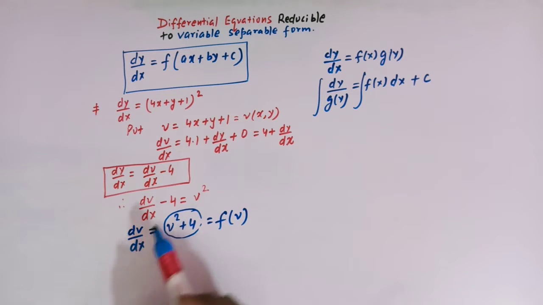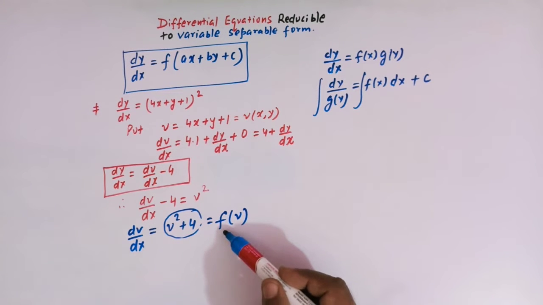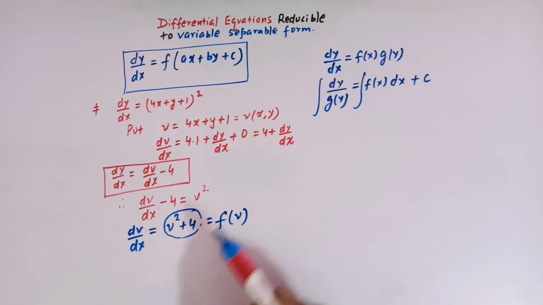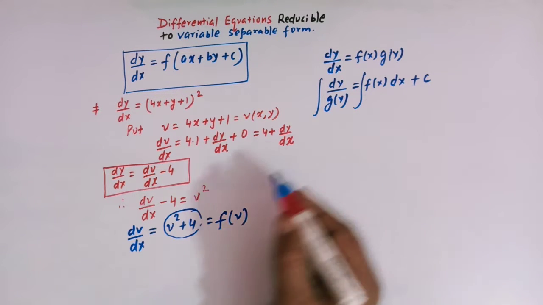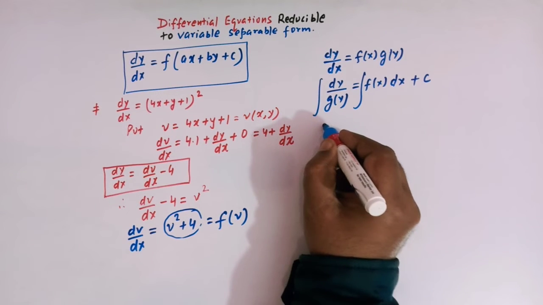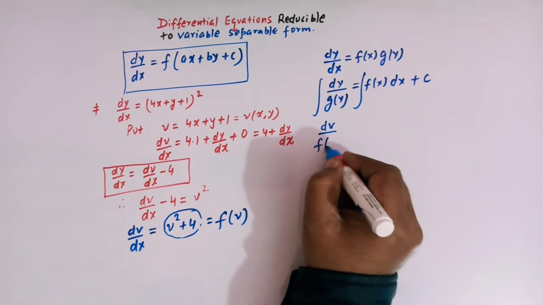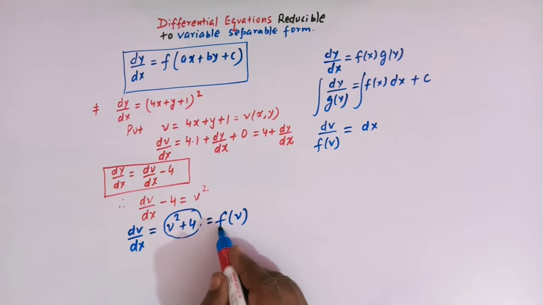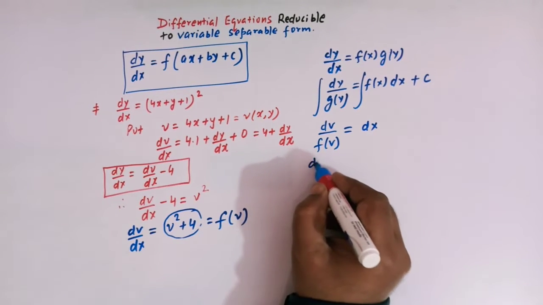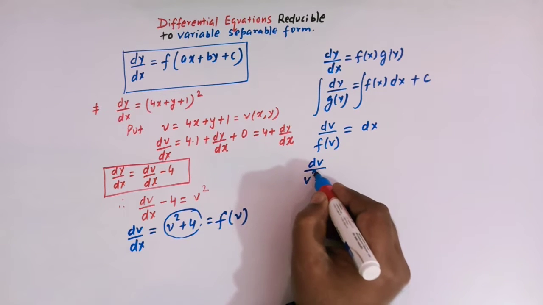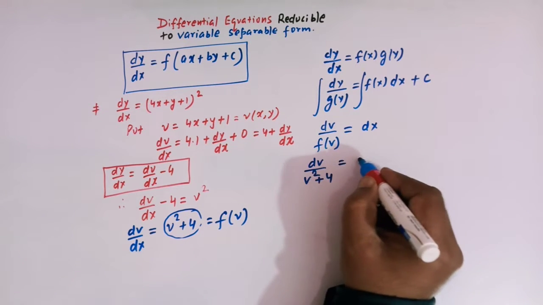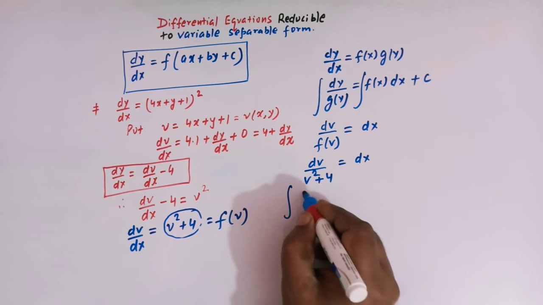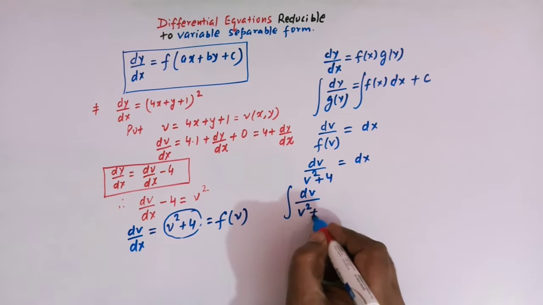Now this equation is reduced to the variable separable form of this type, where we have f of v. So now we can separate the variables: dv over f of v is equal to dx. For f of v we write v square plus 4, and here we have dx. Now we can integrate both sides. So we have dv over v square plus 4.